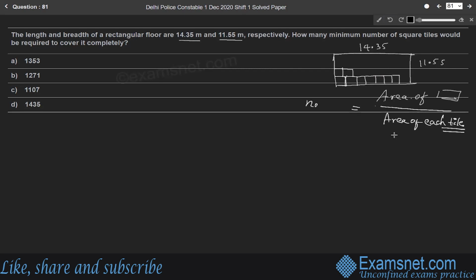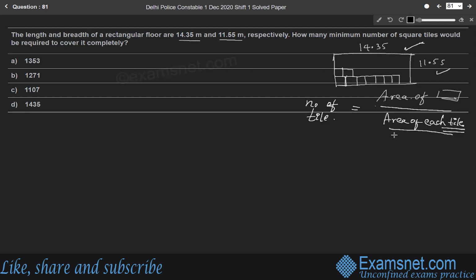So the minimum number of square tiles required to cover it completely. Right? So how do you calculate the area of each tile? First we have to calculate the highest common factor of the two sides of the room, 14.35 and 11.55.